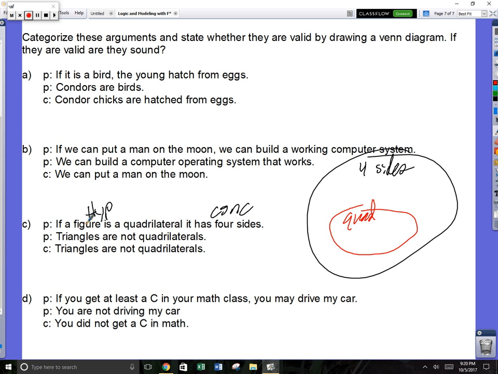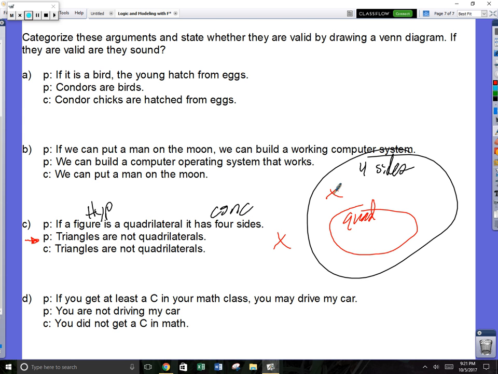So the first side is hypothesis, second one's conclusion. Conclusion is the big circle. Now premise 2, this is going to be kind of where I live. I am not a quadrilateral, so I cannot live in this red set. I could live in here, or I could live outside both of them altogether.